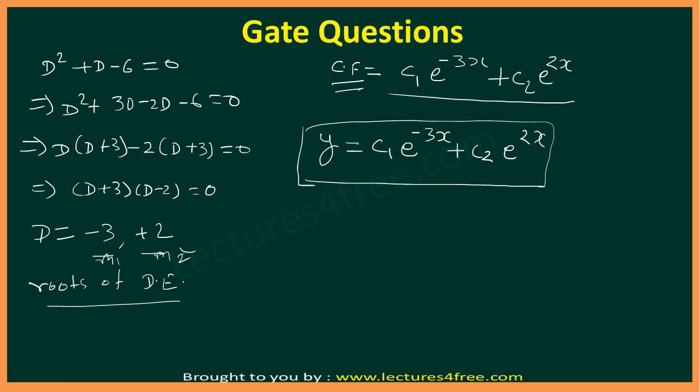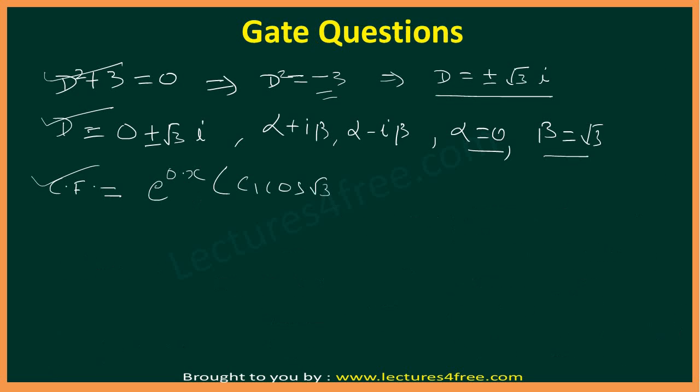Our independent variable is t, and x is your dependent variable. So you will write root 3 into t, not x, and e to the power 0 into t.